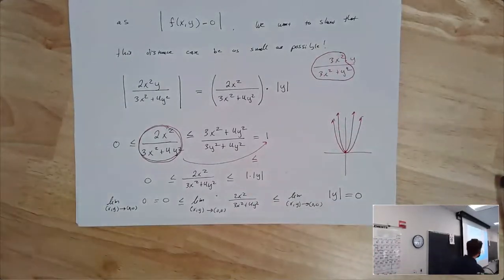And in that fraction, is the denominator always bigger than the numerator? Yeah, it is. Because the denominator is the numerator plus something that is always bigger than or equal to 0. And if the denominator is always larger than the numerator, the fraction is always less than or equal to 1. So that's what I was really using here.